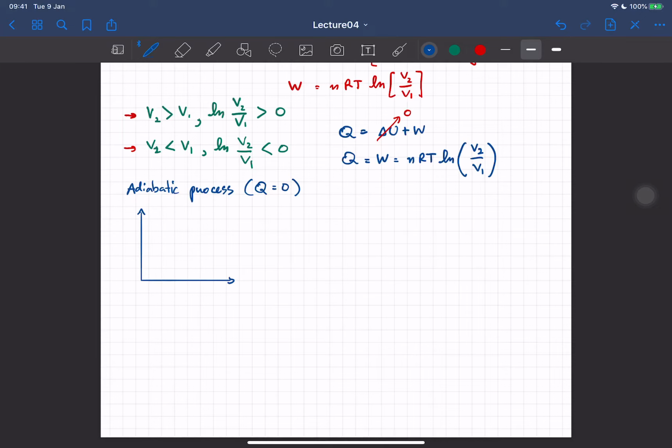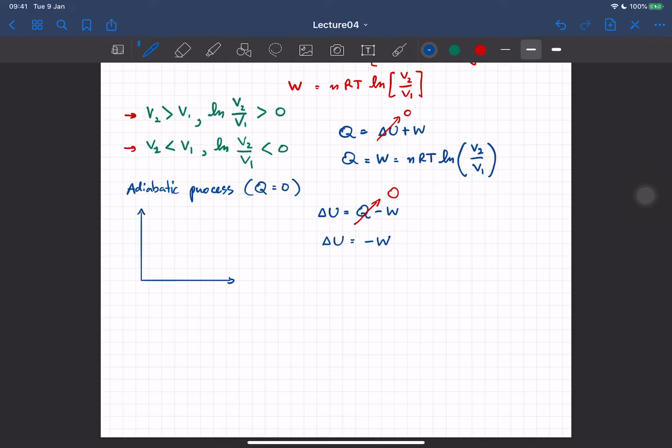Okay, so Q equal to 0, that means delta U equal to Q minus W, and Q will be 0 for adiabatic process. So delta U equal to minus W. Okay, so if you want to change the temperature of the object, you are not allowed to heat it up.